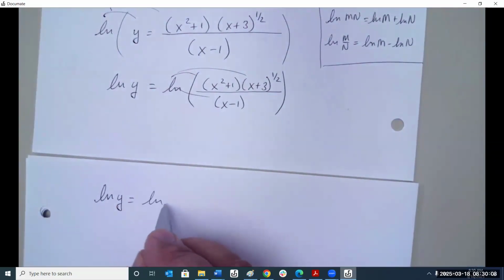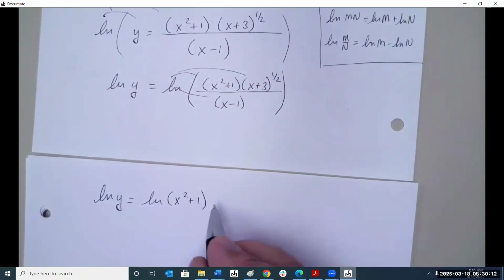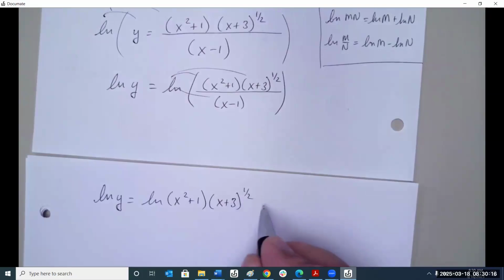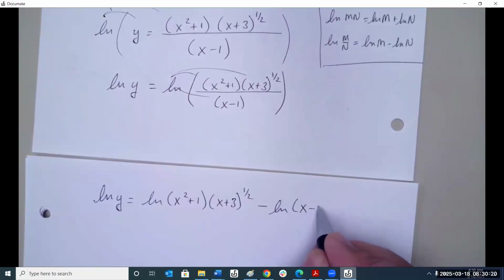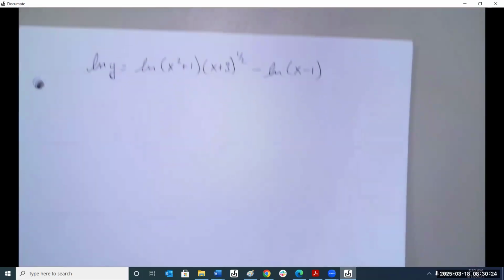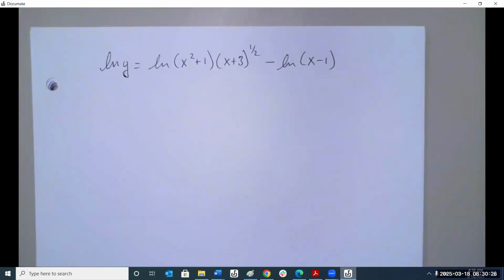So I have the ln of x squared plus 1 times x plus 3 to the power 1/2, minus the ln of the denominator. Whatever's on the bottom has a negative in front of it.